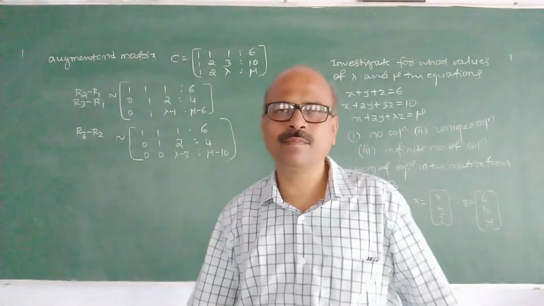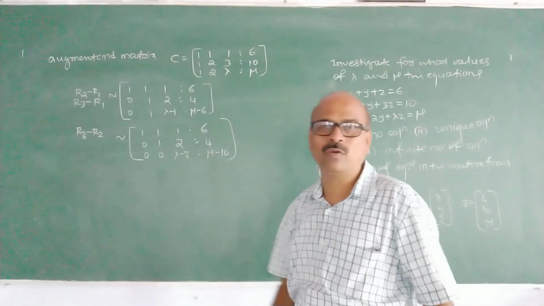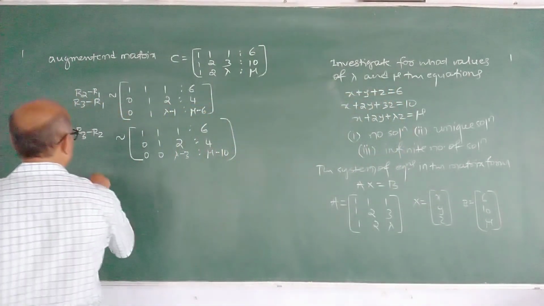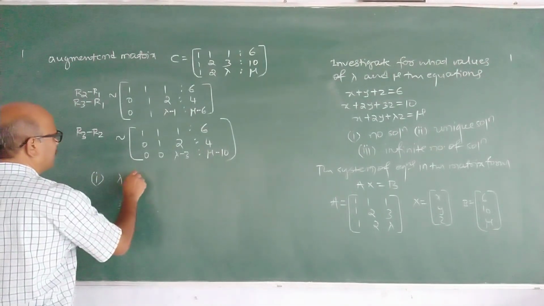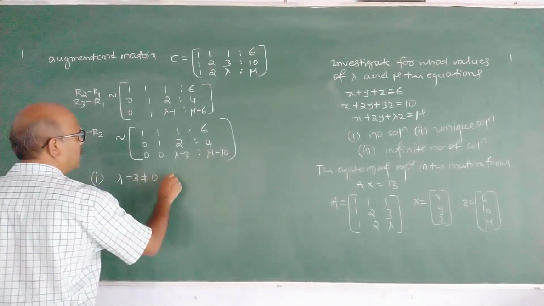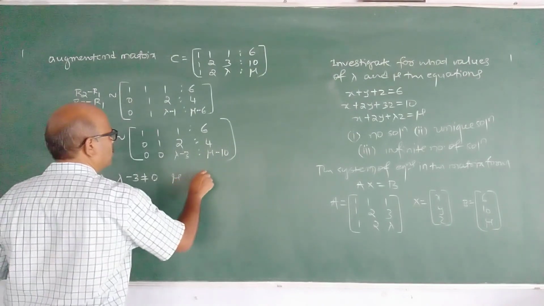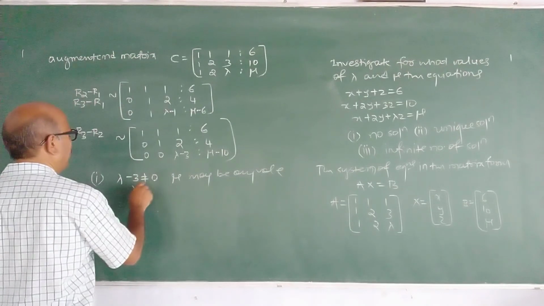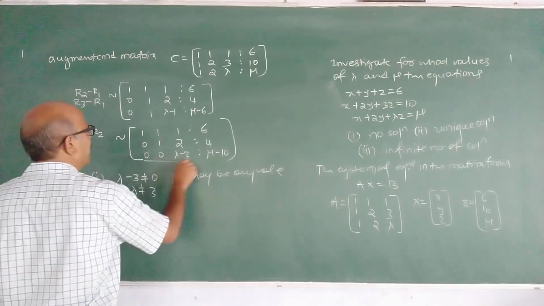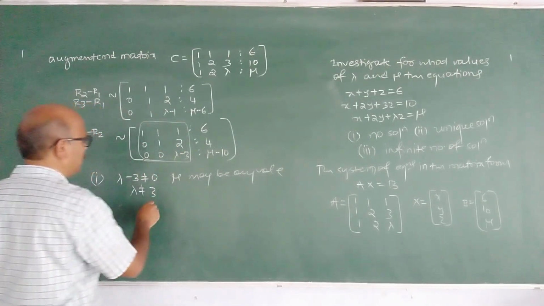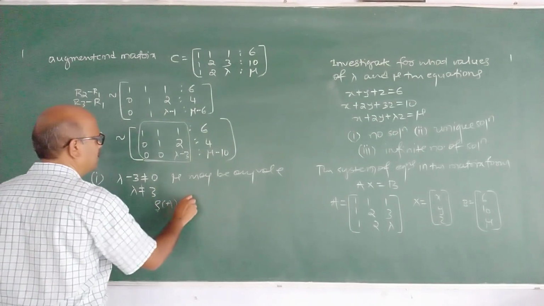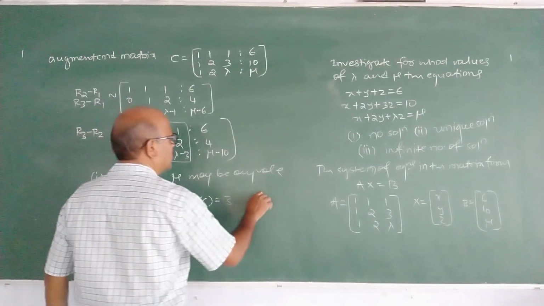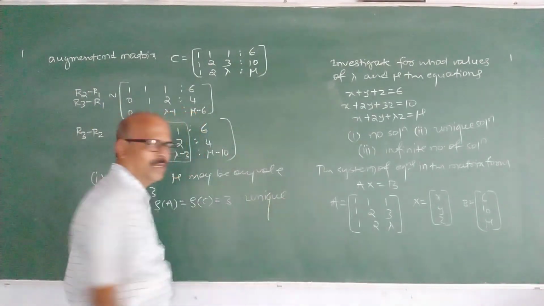I have to hurry a little bit because I have only 2-3 minutes for this video. Now the first case is when lambda minus 3 is not equal to 0, mu may be any value. Then lambda is not equal to 3, then rank of A is equal to rank of C, which becomes 3, so it has a unique solution.